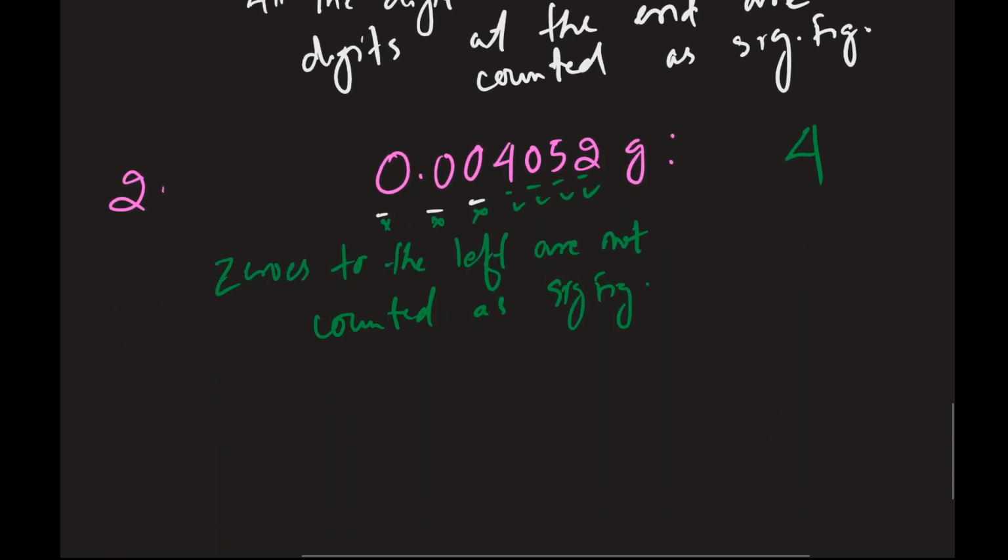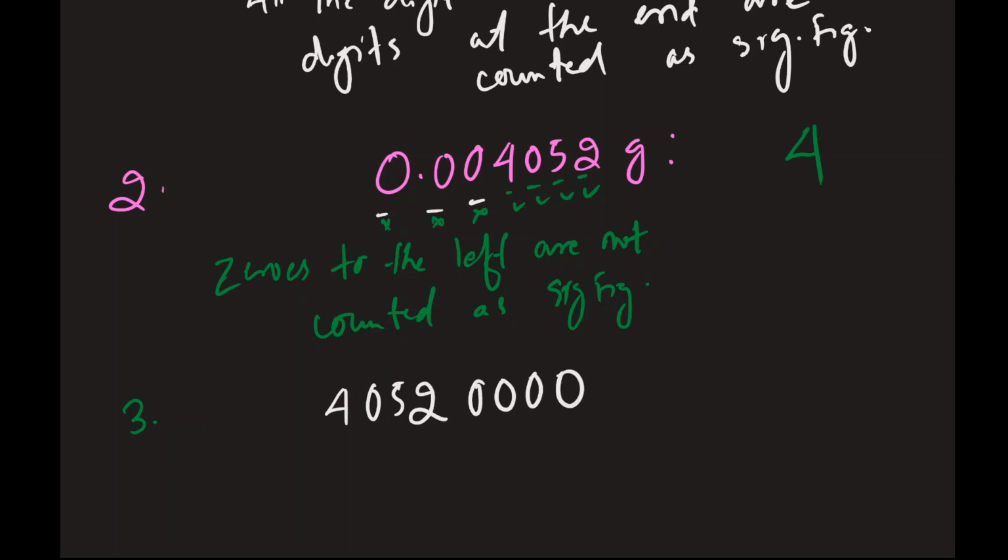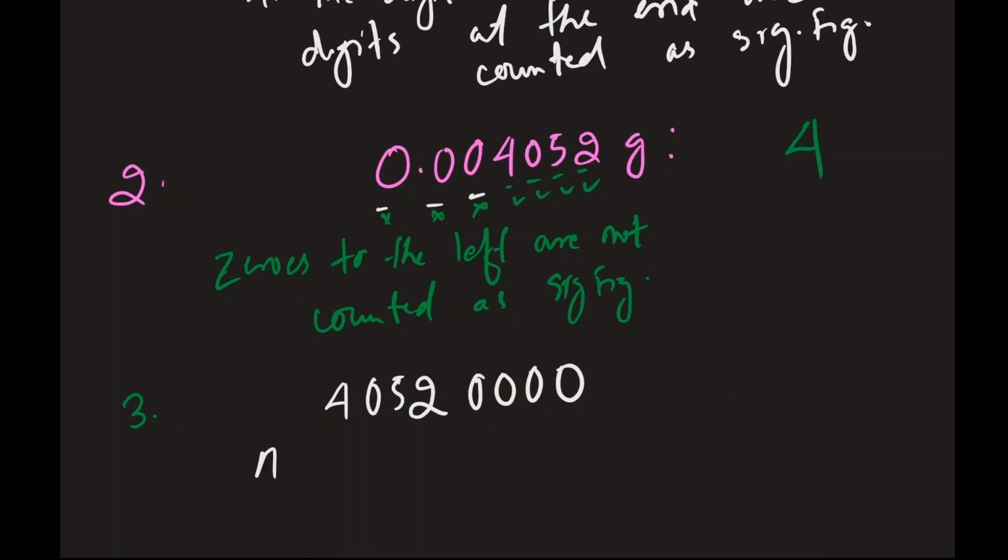The same goes for the zeros to the right. These are just placeholders. Let's say 4.405200 grams.